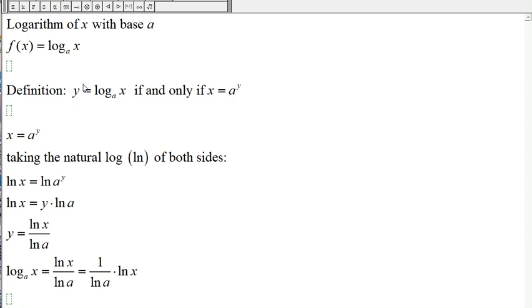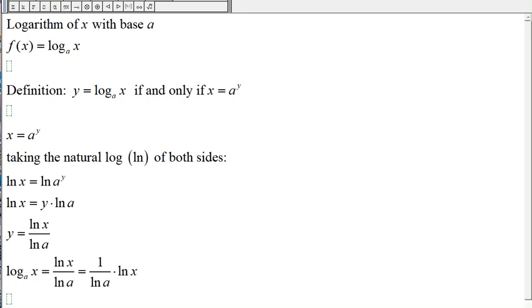Therefore y is log base a of x. So log base a of x is the same as ln of x divided by ln of a, which we can rewrite as 1 over ln of a times ln of x.